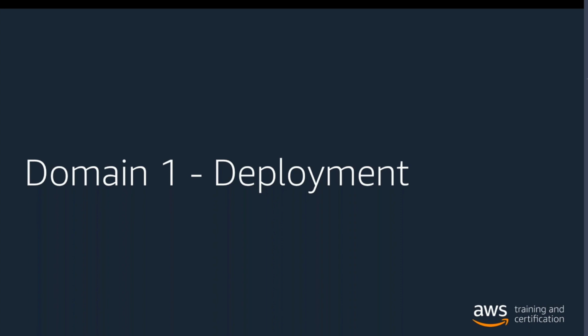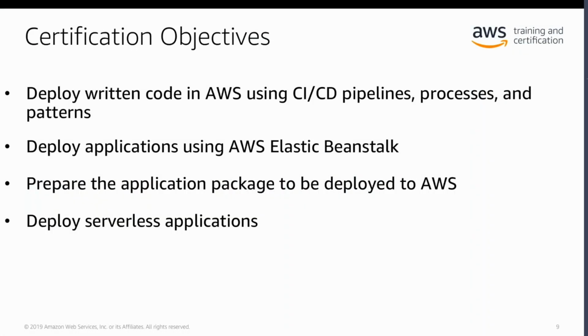Talk a little bit about the deployment domain. We'll start there first, and we're going to look at the certification objectives. This is really important because these are the same certification objectives that the test question writers themselves were given when they built the exam. So we're going to talk about how to deploy code using a CI/CD pipeline, processes as well as patterns.